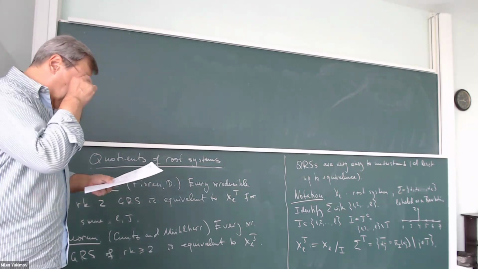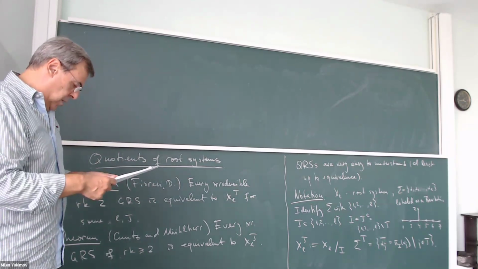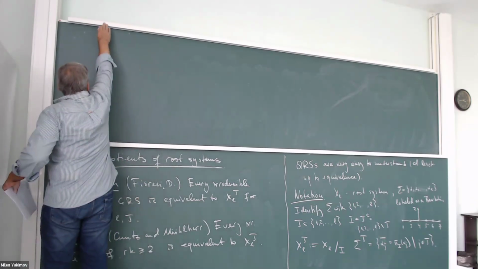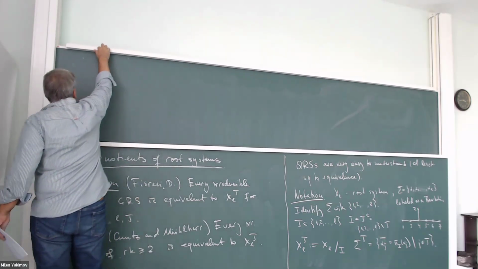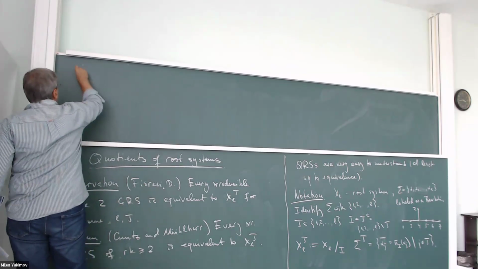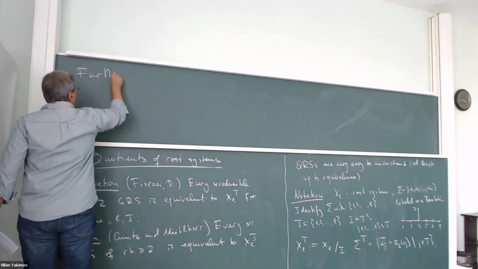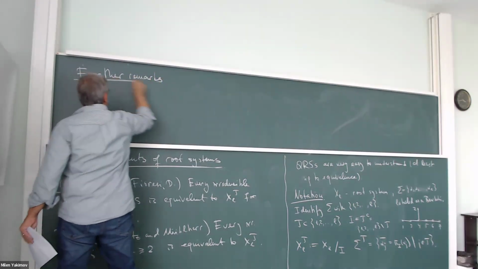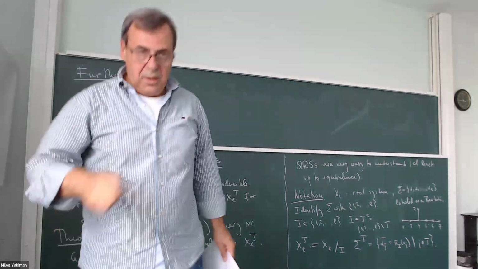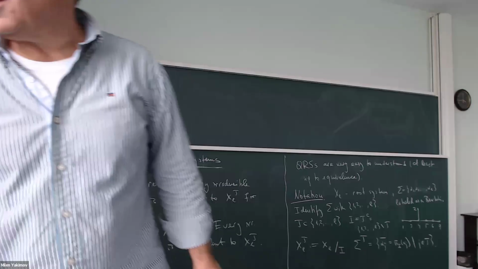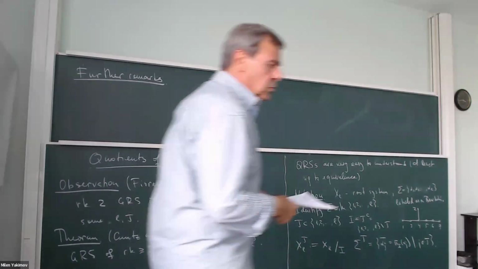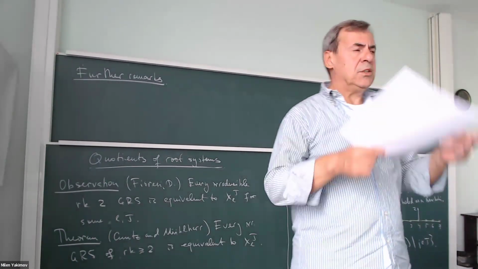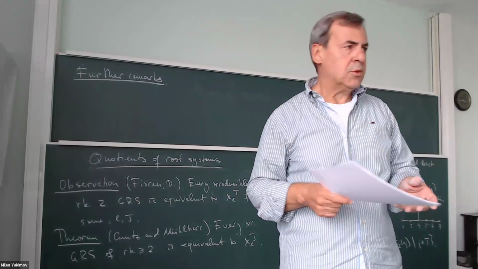So the first result that I want to mention: so far I have told you that if you want to consider generalized root systems up to equivalence, it is sufficient to take just quotients of root systems.